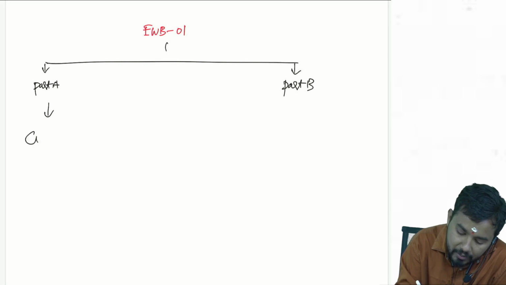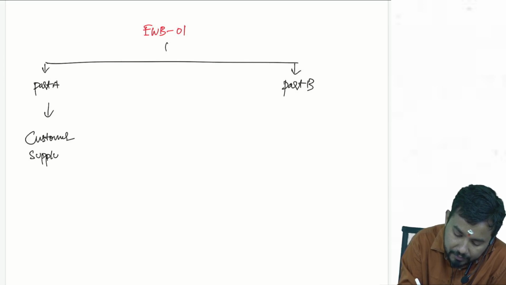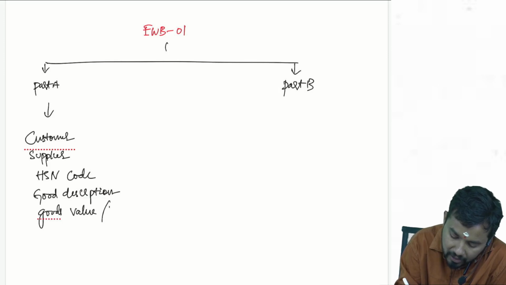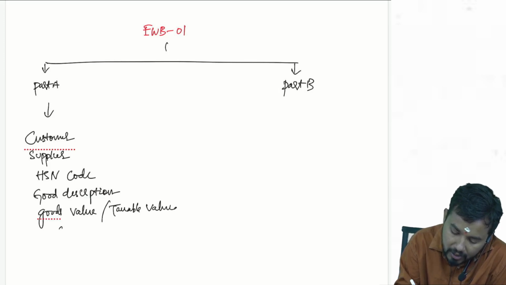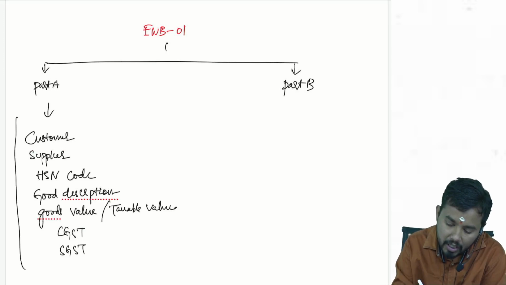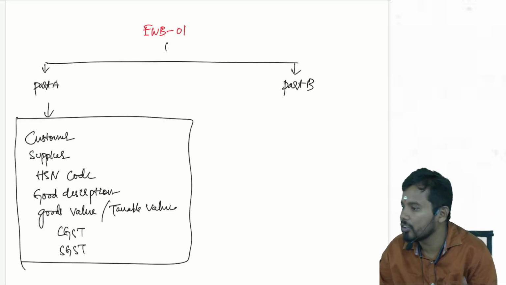Who is the customer, who is the supplier: supplier details, customer details, HSN code, description of goods, goods value, I mean taxable value, CGST amount, SGST amount, IGST amount. All these details we will give in part A of the EWB01 E-way bill.